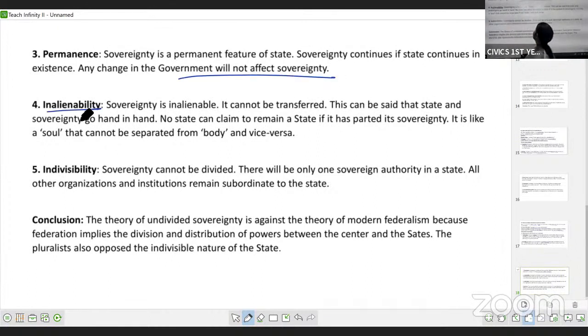Inalienable: we cannot transfer our sovereignty. If a state transfers its sovereignty, it loses its existence. It is like a soul that cannot be separated from the body. And sovereignty is indivisible. We cannot divide sovereignty.